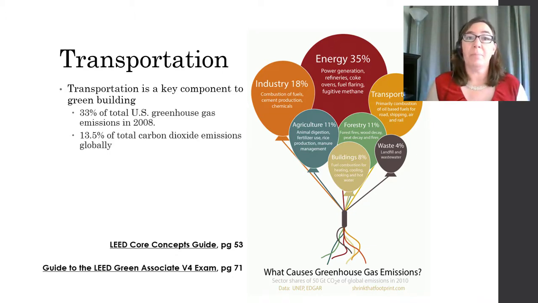Transportation creates a large amount of greenhouse gases. So anything that we can do to reduce the need for transportation in our neighborhoods and in our building designs is going to benefit our sustainability goals.